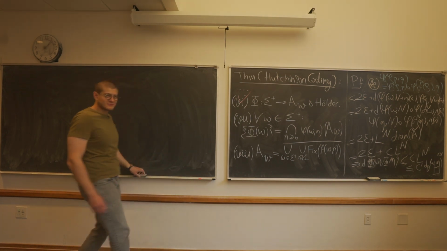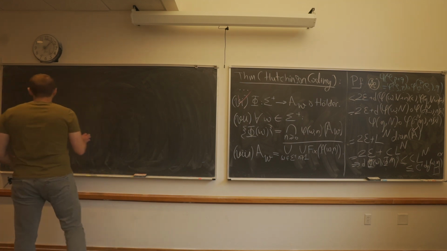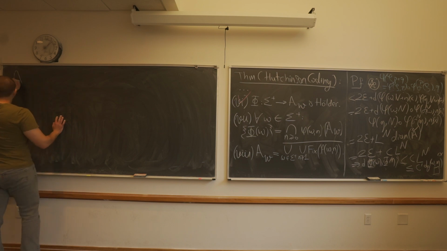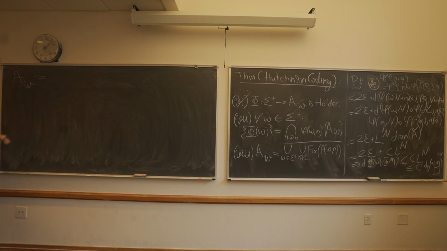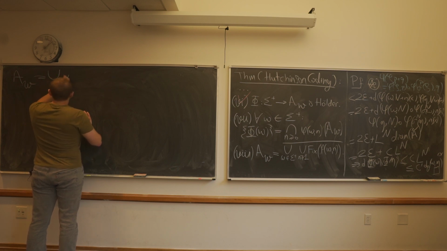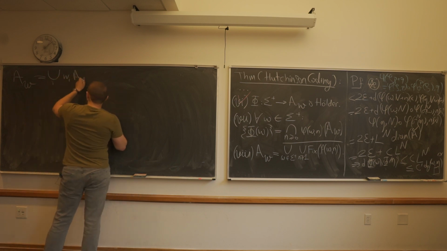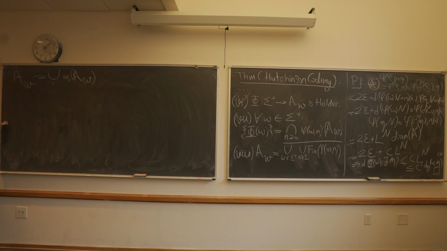Question? No? Okay. So we know that because this A sub W is the unique attractor, it's the fixed point of the Hutchinson operator, which means that I can write it like this. Let's write it like this: the union over i of W sub i applied to A sub W.